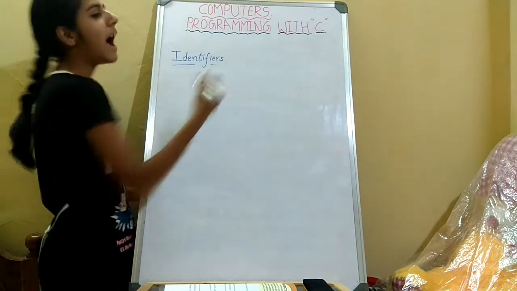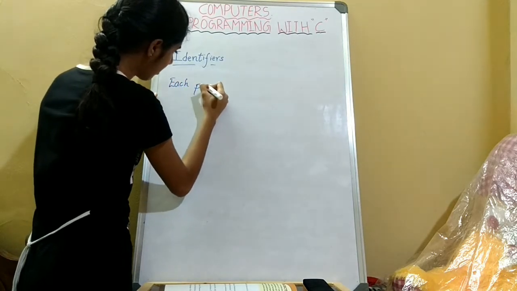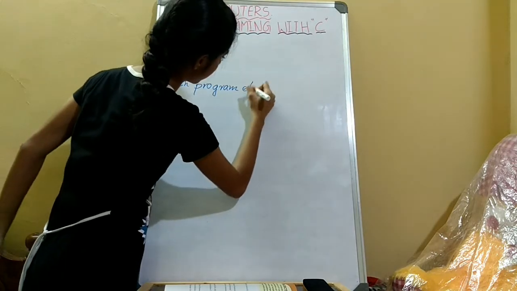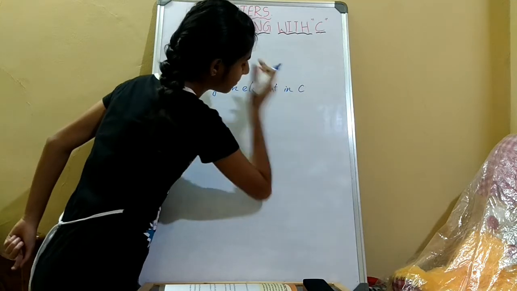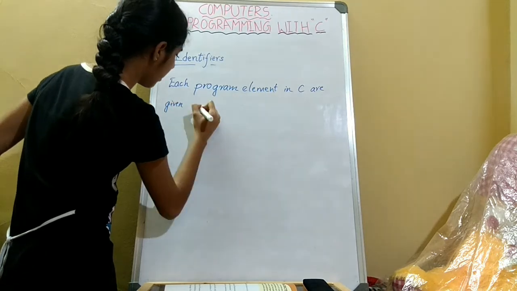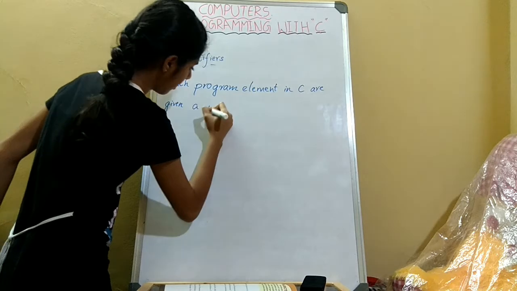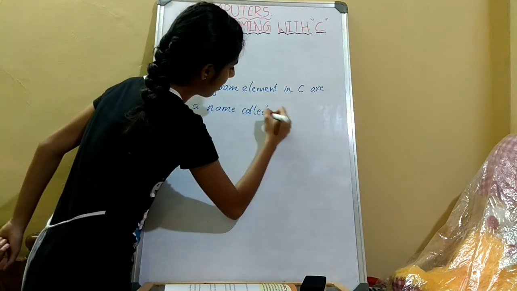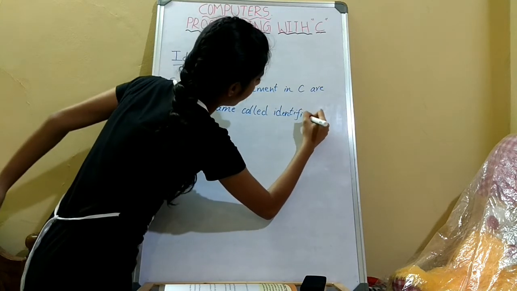Now I'm going to explain identifiers. Each program element in C is given a name called an identifier.